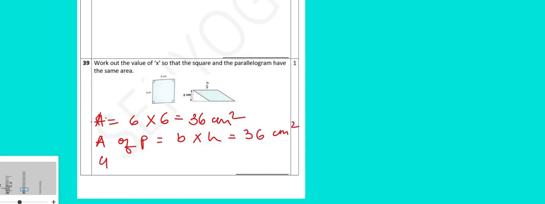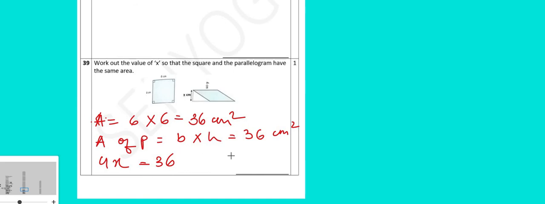Now 4x is equal to 36. So work out the value of x so that the square and the parallelogram have the same area. So this is the x right here. So therefore the 4x is equal to 36.